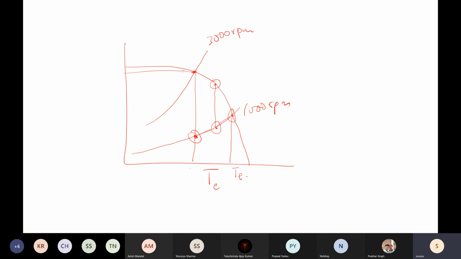So this will be your new evaporator temperature. So your capillary tube will move along this line and your compressor will move along that 1000 RPM line. What was given initially was the 3000 RPM compressor.